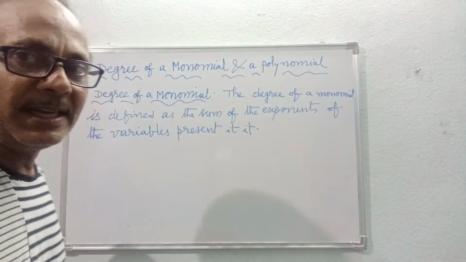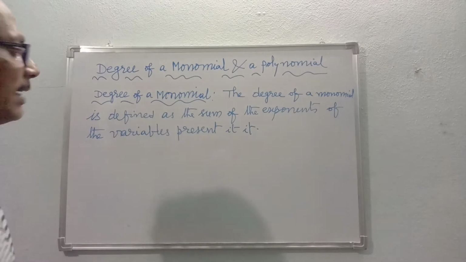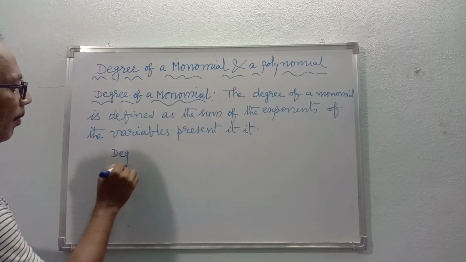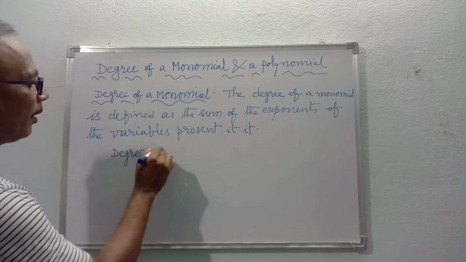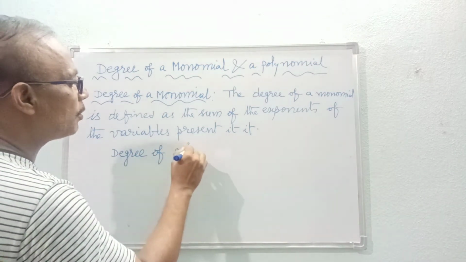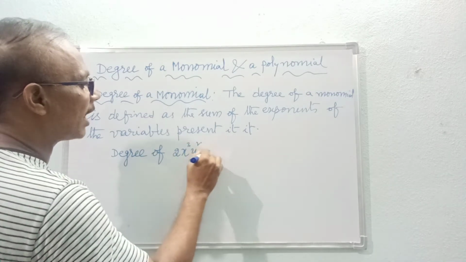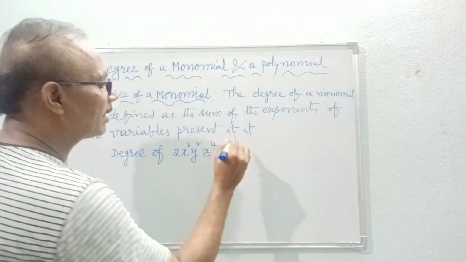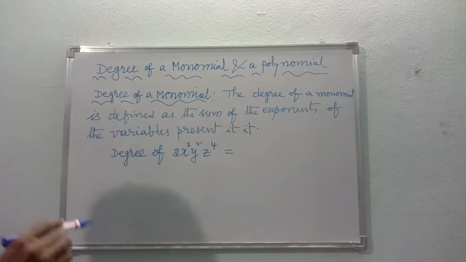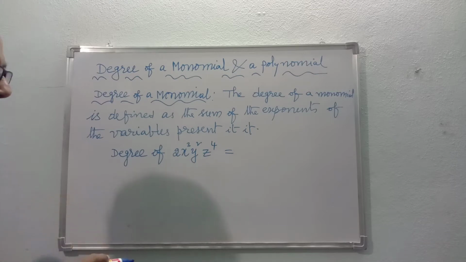Now let us see this through an example. Degree of 2x cube y square z power 4 equals. Now what are the variables present in it? x, y and z.